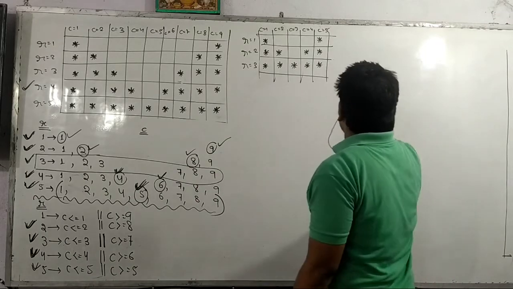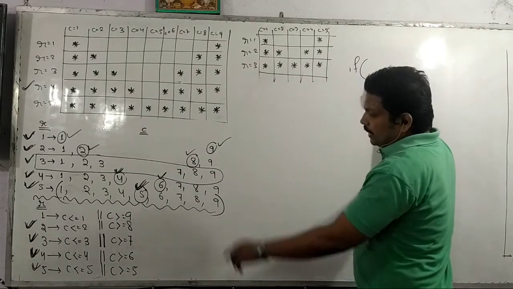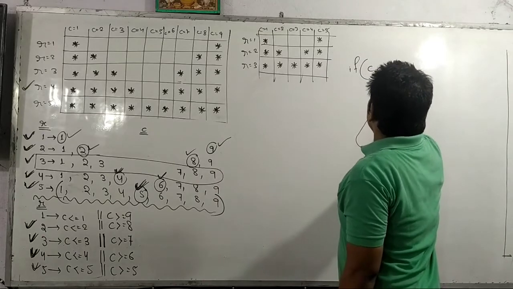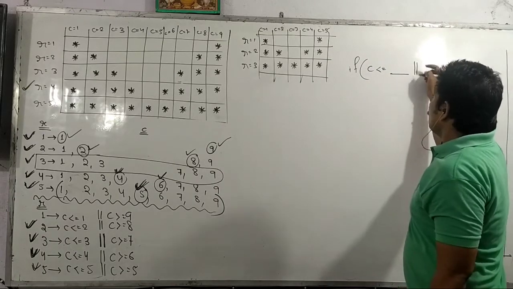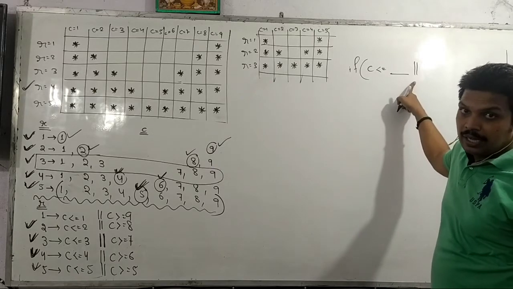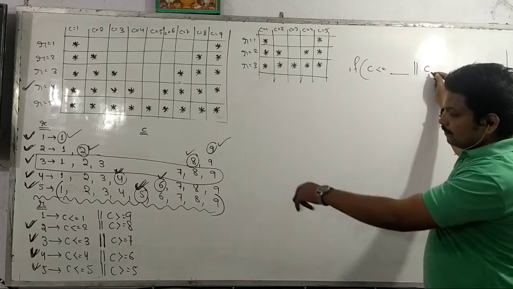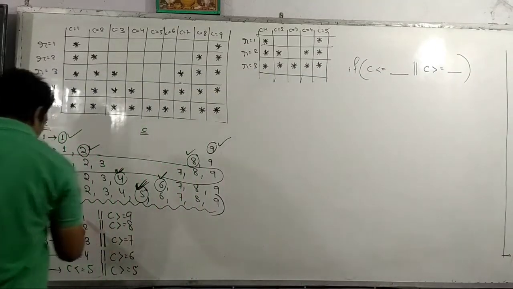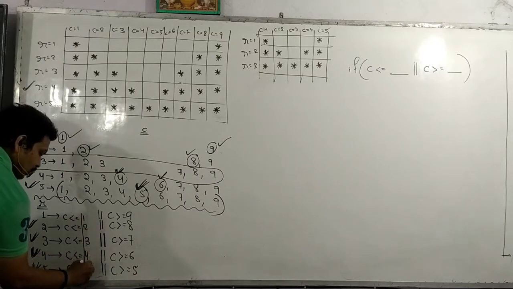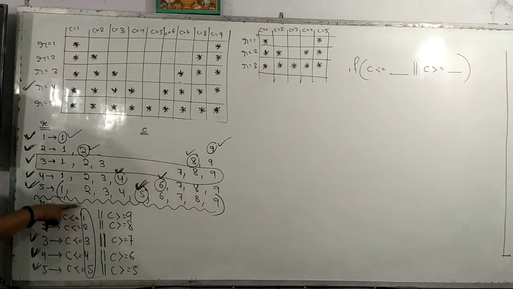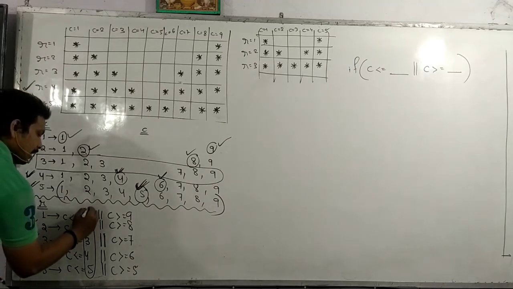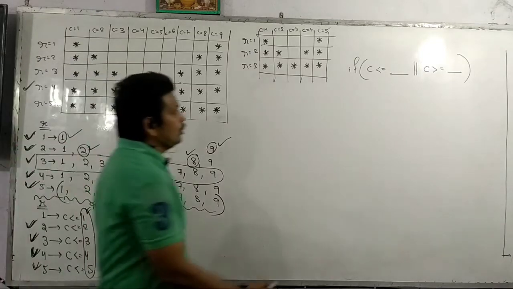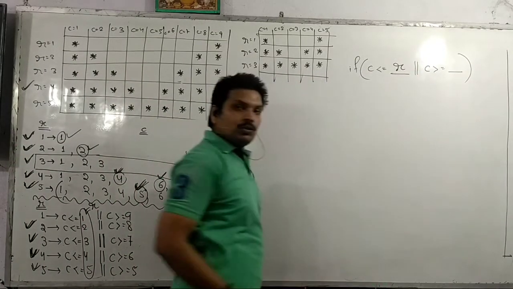The condition is if C less than equal to something, logical or, very important, here we cannot use logical and, and C is greater than equal to something. Now this something is 1, 2, 3, 4, 5. Are these values available with you anywhere? Yes. 1, 2, 3, 4, 5. So we can write it as R. C less than equal to R.